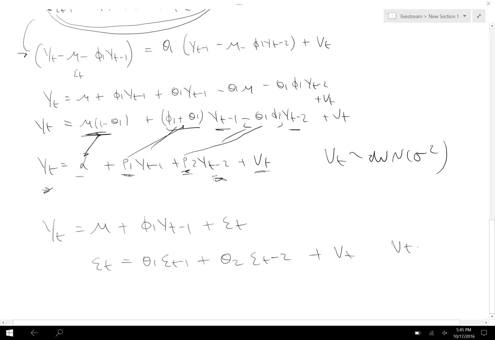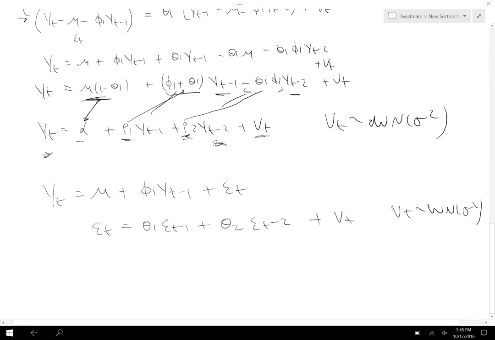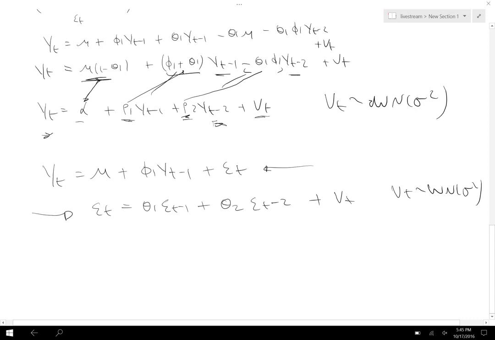Just thinking intuitively from before, what do we think is going to happen here? If you had to guess, what do you think the true form of the process would be if we had an AR(1) where the errors were an MA(2)? The true model y_t would be what? What kind of form would it be?